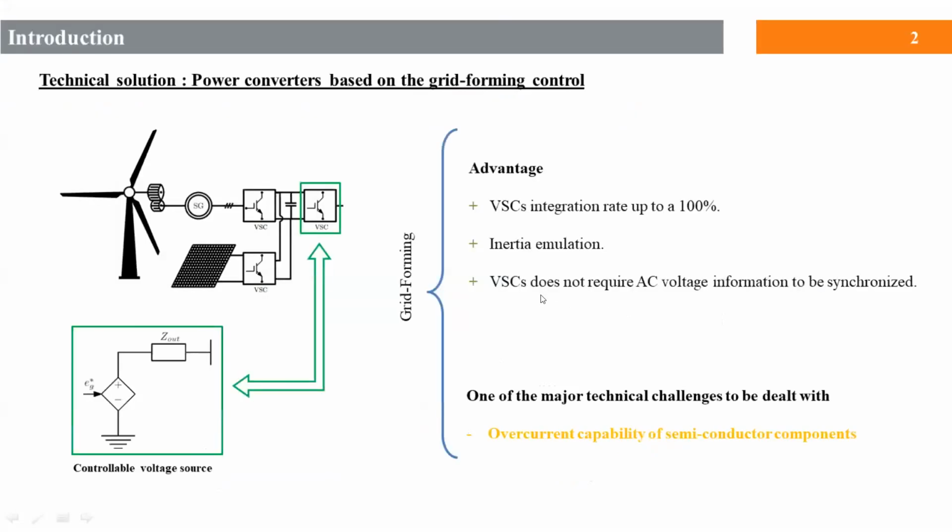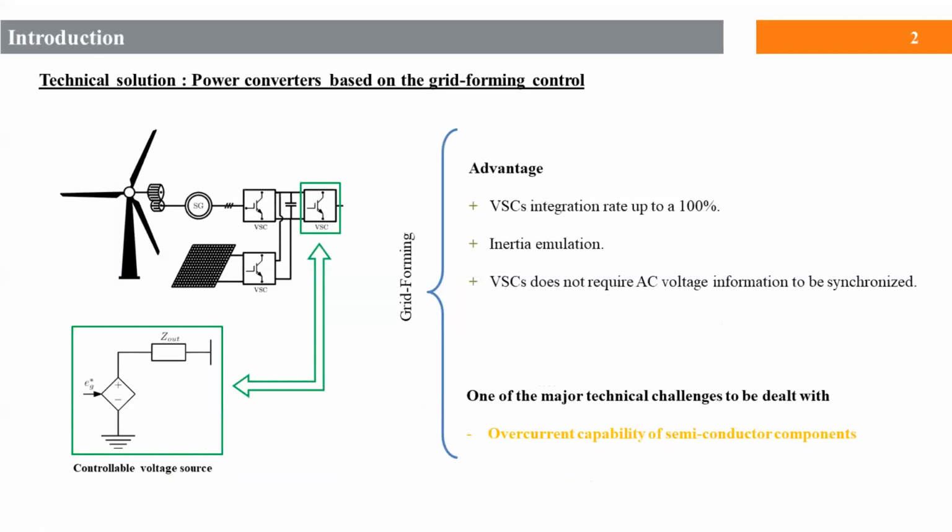Let's start first with a brief recall of the main features provided by grid-forming control, which is actually a promising capability that allows a voltage source converter to operate with a high potential compared to what has been achieved with a conventional grid-following control.